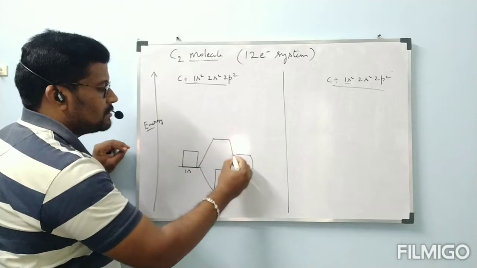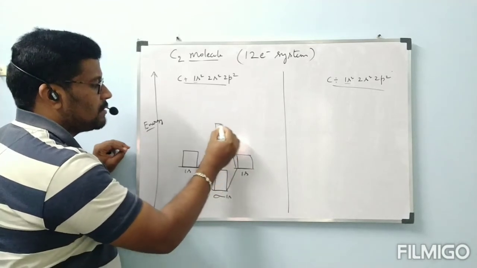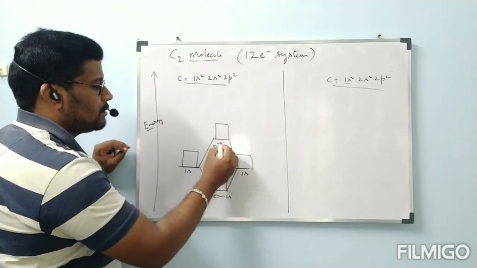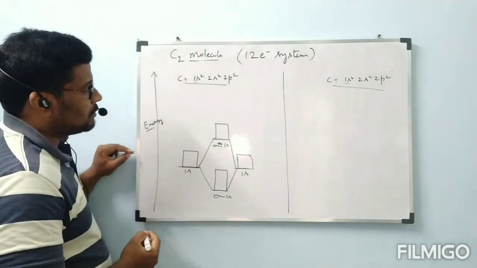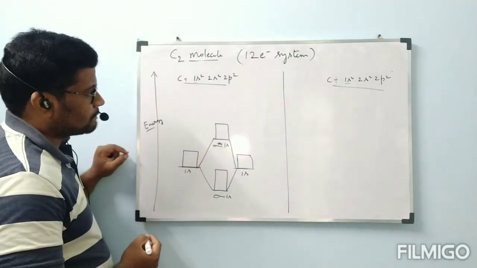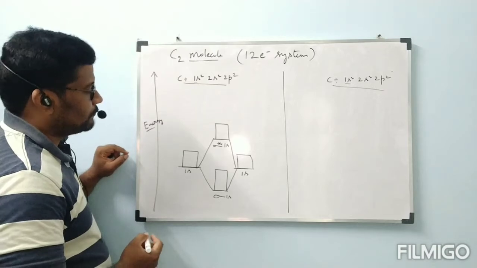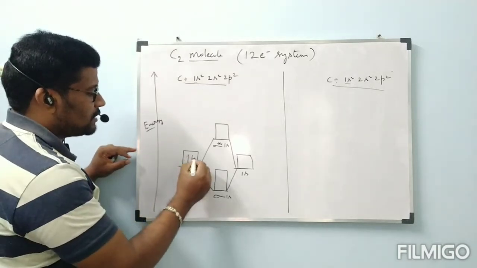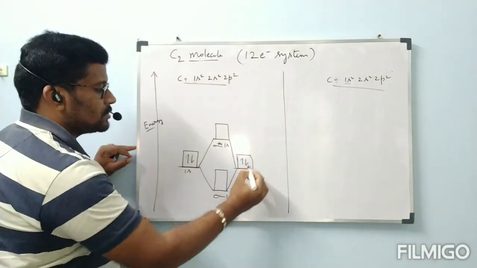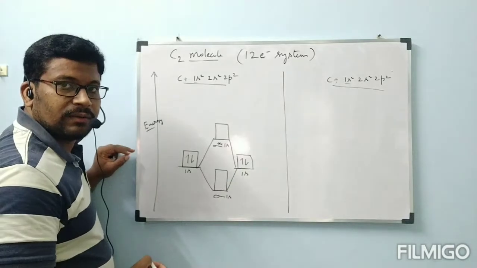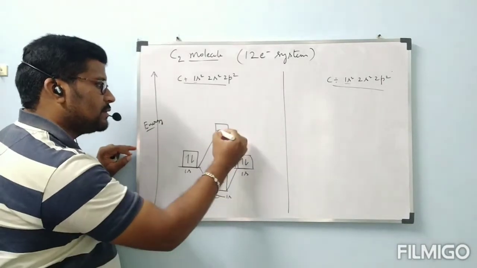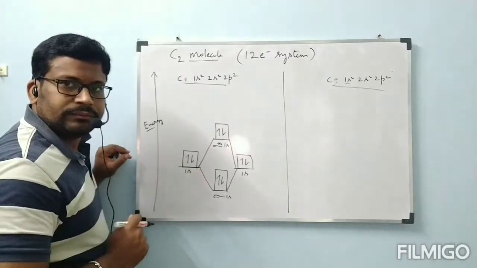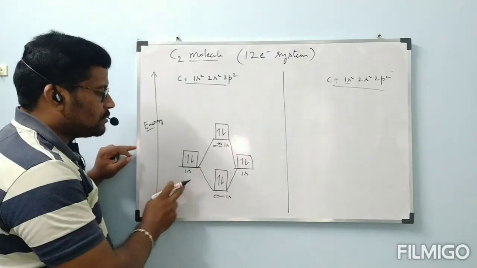If they undergo destructive interference, they will form sigma star 1s. In 1s, how many electrons do we have? 2 electrons here and 2 here, so totally 4 electrons are there. Those 4 electrons will be filled like this. This is about 1s and 1s.